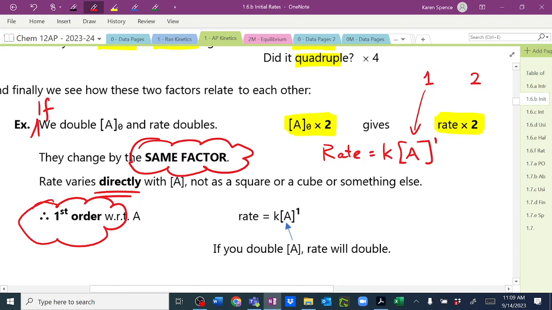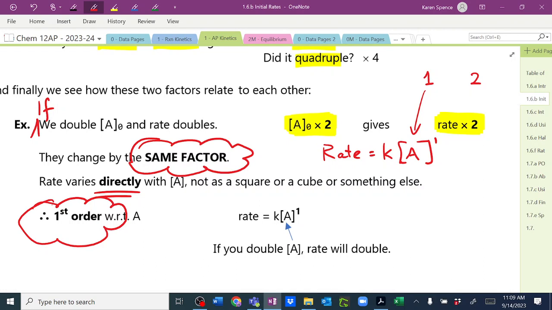Okay? Can you predict what would happen if it were second order with respect to A? What would happen to the rate if we double the concentration? It would quadruple because it goes as the square.